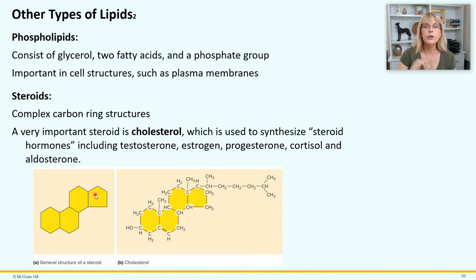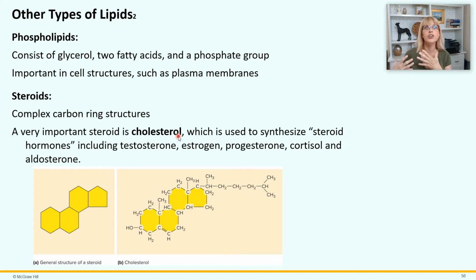But steroid hormones in the body are made with this basic structure. You can see this molecule here also has that same basic structure, and that molecule is cholesterol. You might know someone in your family who has cholesterol levels that are too high, and maybe they were surprised to learn that the cholesterol that's in their body is made by the body.